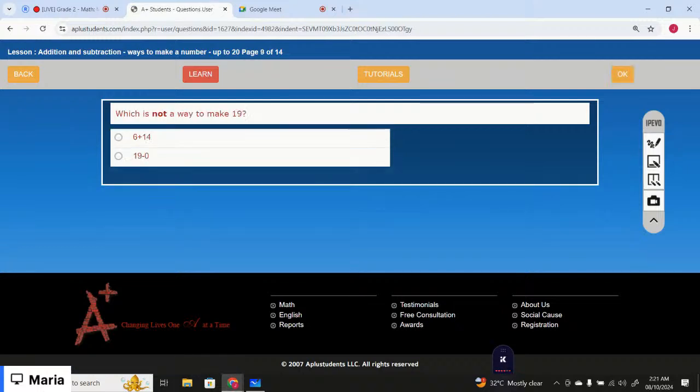Okay, the next one is which is not a way to make 19, which is the correct option?